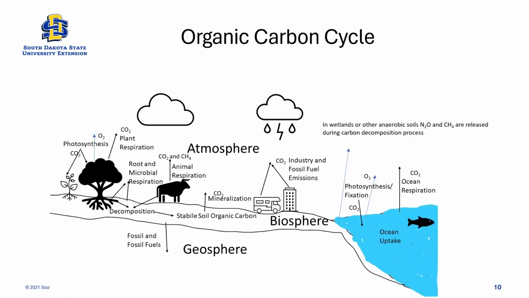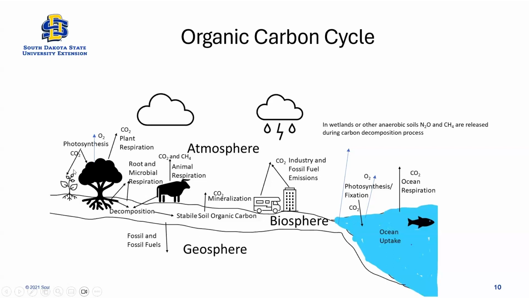Here's a picture of the organic carbon cycle. In the atmosphere, there's CO2, oxygen, and nitrogen gas. Photosynthesis takes carbon dioxide from the atmosphere and releases oxygen.